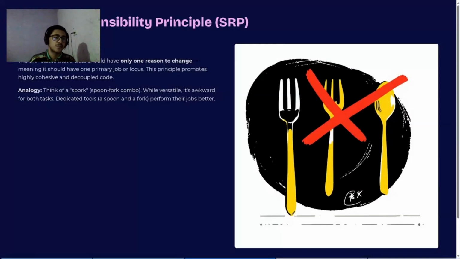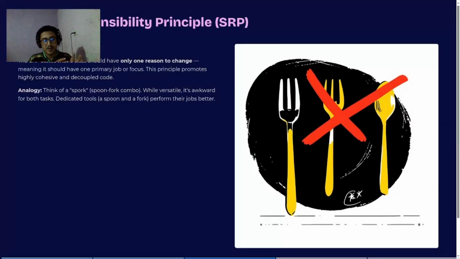The analogy: think of a spork, a spoon-fork hybrid. While it's versatile, it's not great at either task. Dedicated tools, a separate spoon and fork, work better.